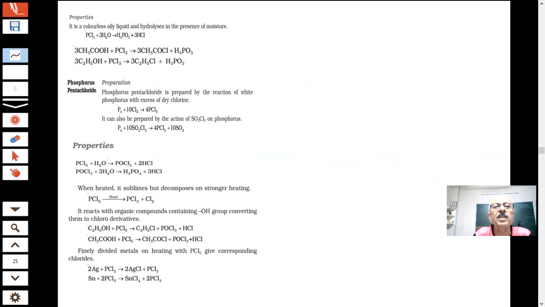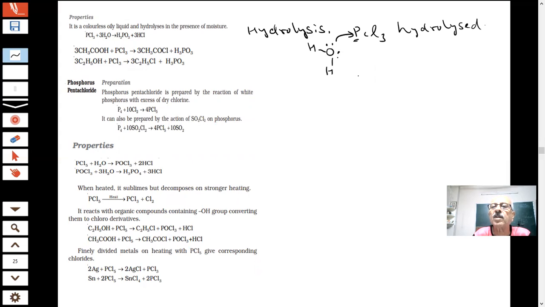Hydrolysis of PCl3 takes place, and you get H3PO3. PCl3 is hydrolyzed because it can accept a pair of electrons from the water; water is a Lewis base with lone pairs, so it can donate electron pairs, and the result is H3PO3.